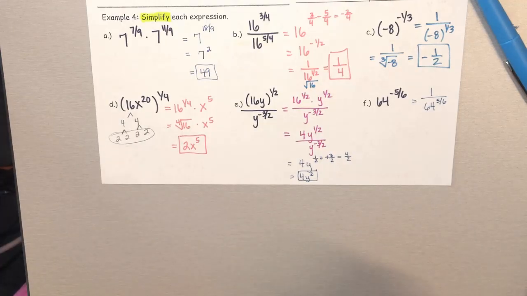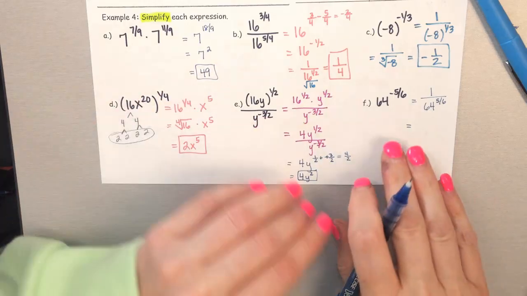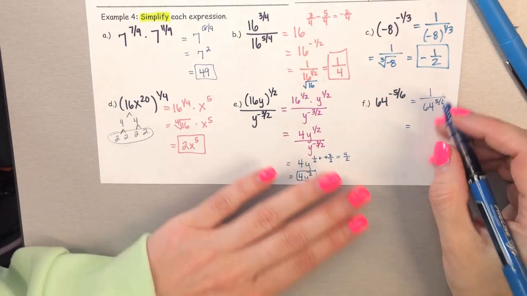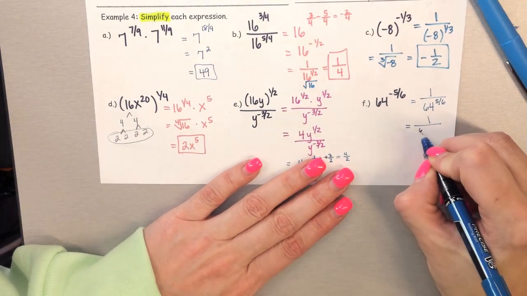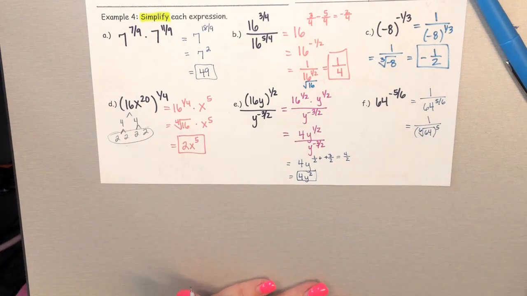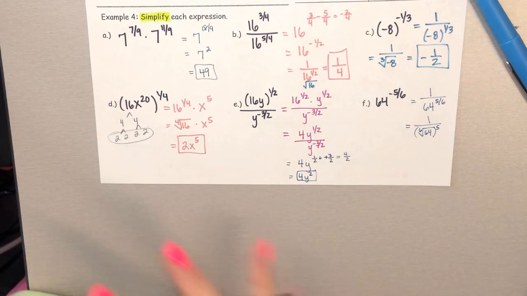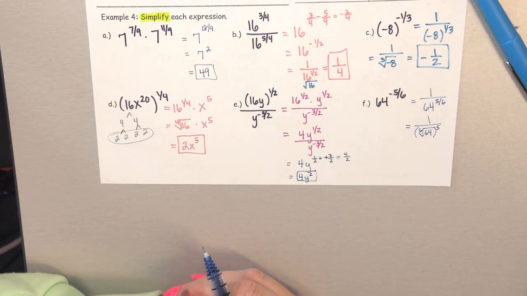You can double check your first step with me. And really, you guys are going to get very good at this, and it's fine if you want your first step to be the 6th root of 64 and raise that to the 5th power. Because you know the one under is going to make that positive, so as you get more comfortable, you can do that.